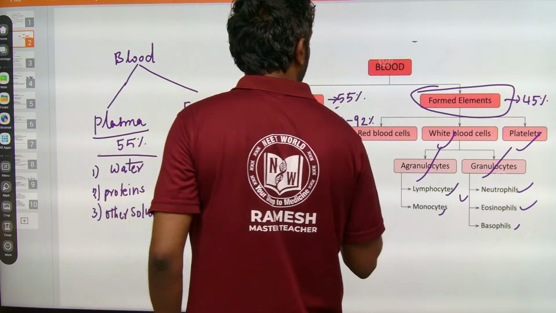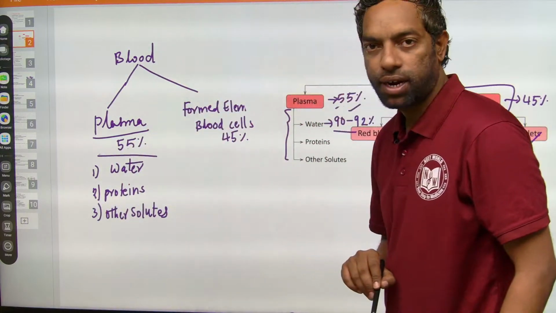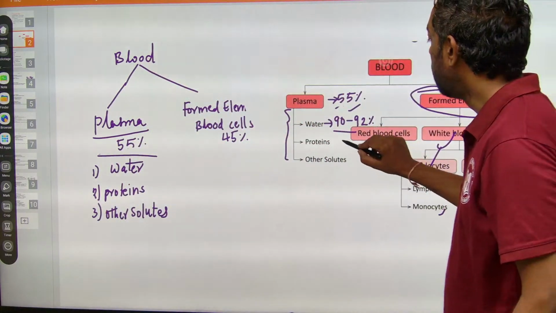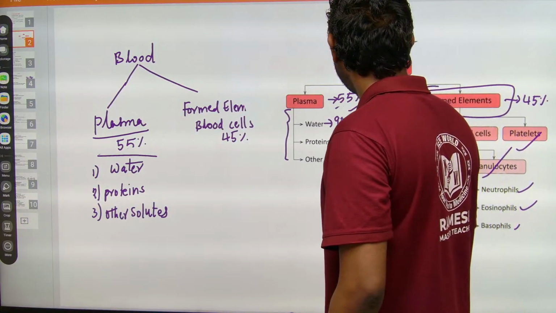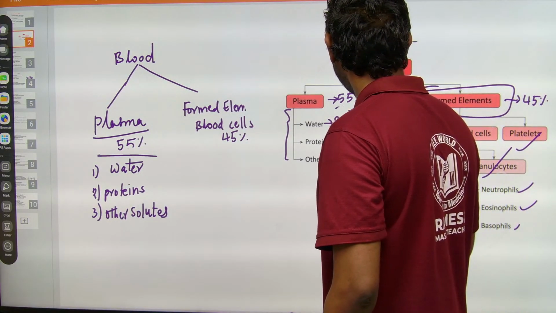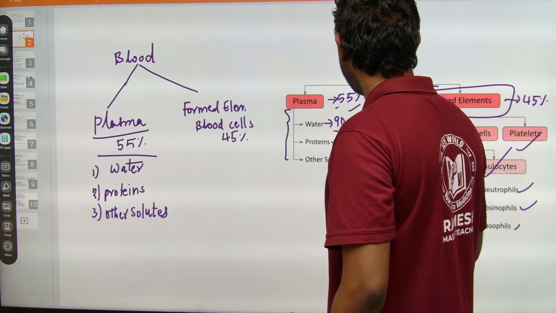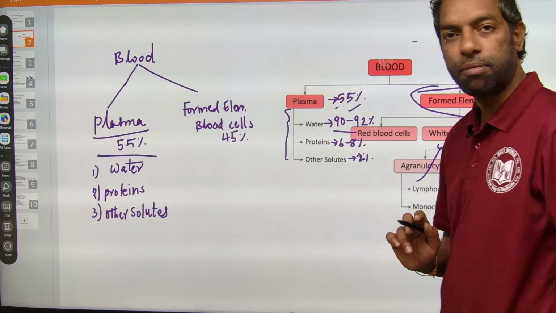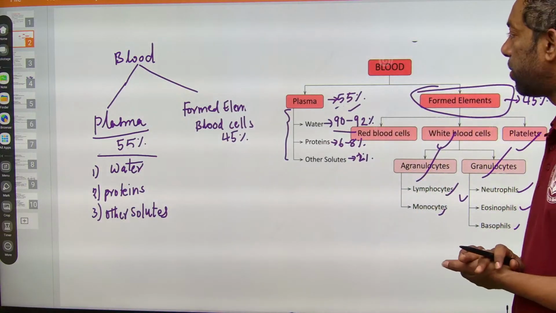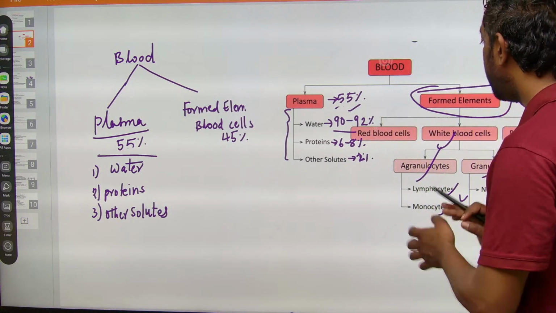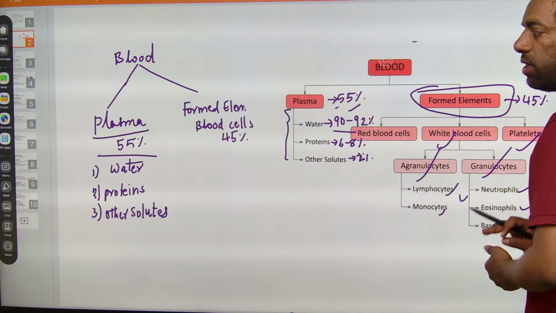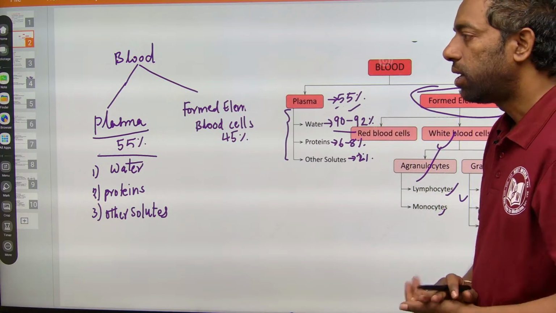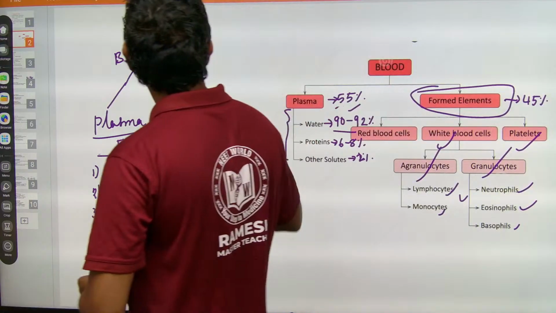In that 55%, 92% is water, proteins are only 6 to 8%, and other solutes are approximately 2%. This is about plasma. We are going to discuss each and everything in this blood composition in the coming slides.